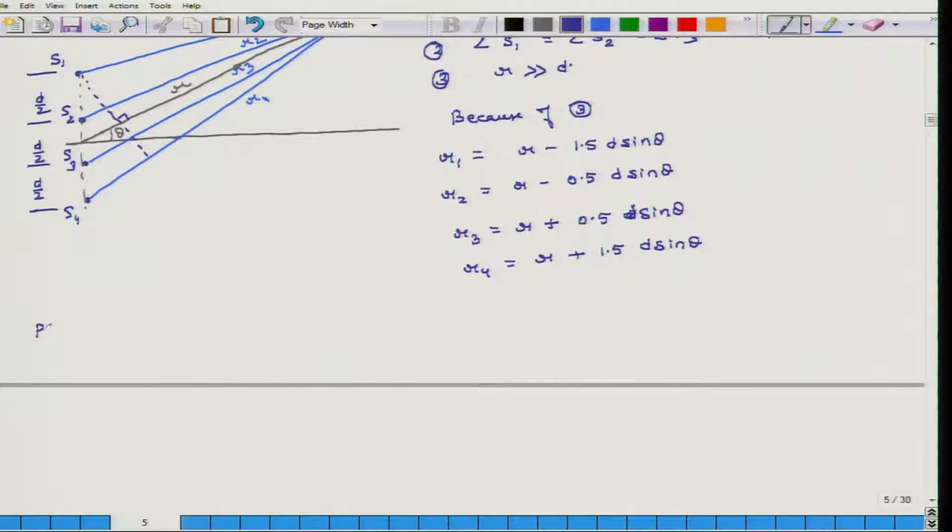So, the pressure at point P, which is a function of R, theta and t, will be the sum of pressures from all these four individual sources.